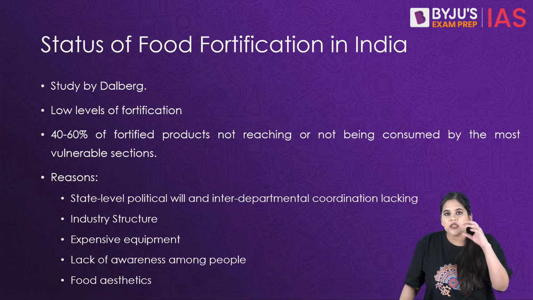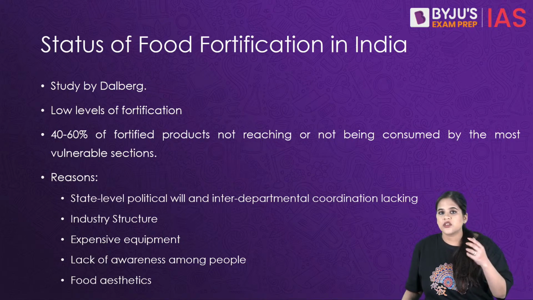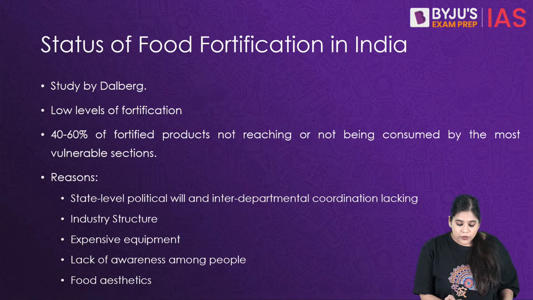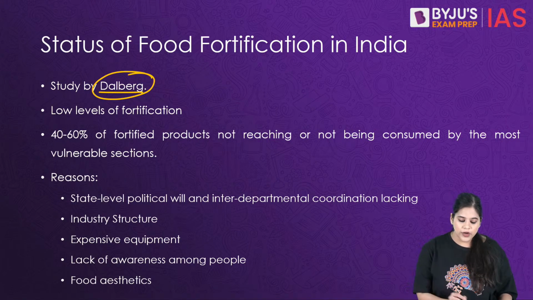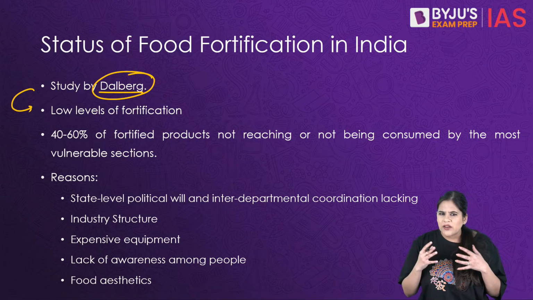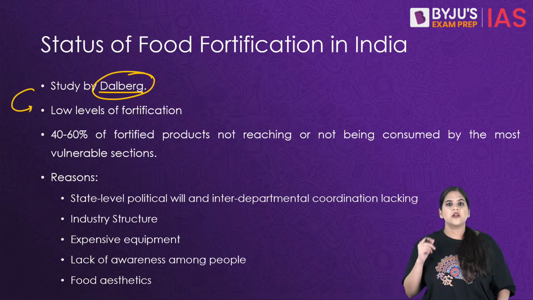So as of now, what is the status of food fortification? What is the level of acceptance? There was a study by an international agency, that is Dahlberg. Now according to this study, there are low levels of fortification in India even now.